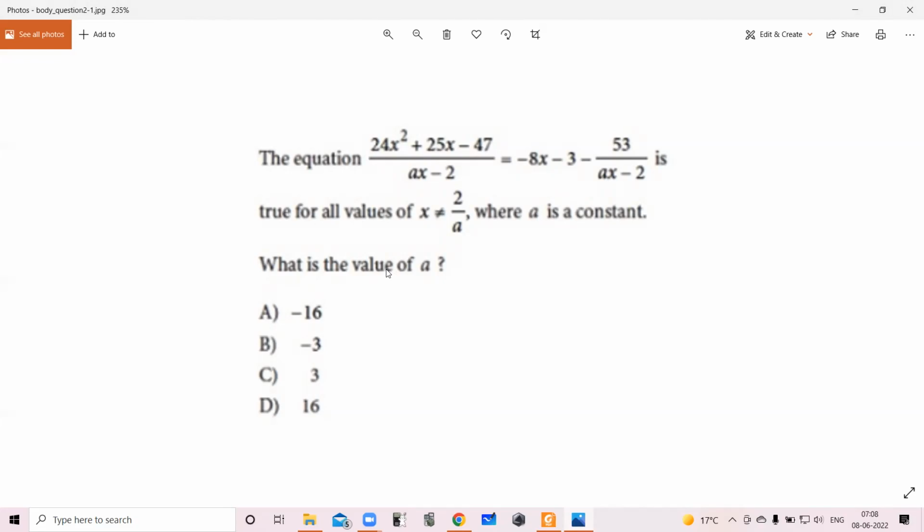Yes, you can do that. I'd have the negative 8x times ax minus 2. I'm just trying to think if that's sufficient. I don't know. It seems like a lot of work.